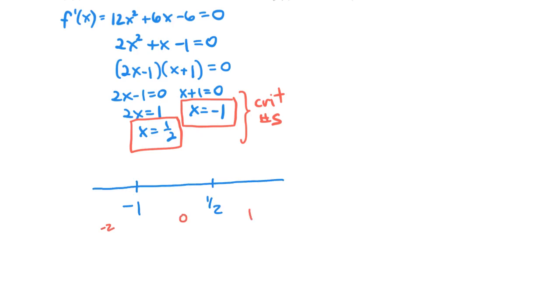And then we've got our derivative up here. I mean, this is our derivative, but it'll be easier just to use this, because all we really need to do, when we plug in these test points, is figure out whether the derivative is positive or negative. So one thing you could do is take negative 2 and plug it in up here.